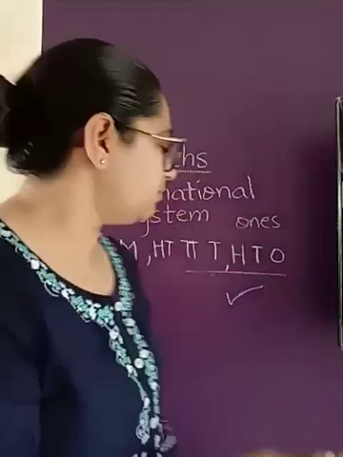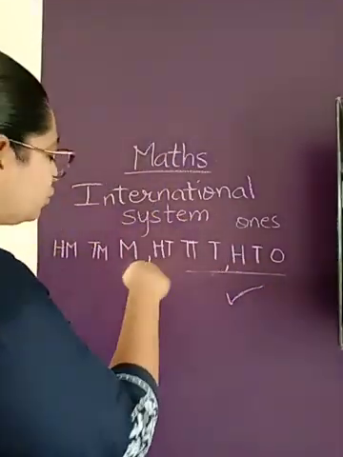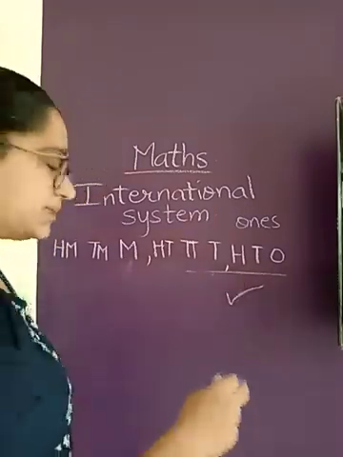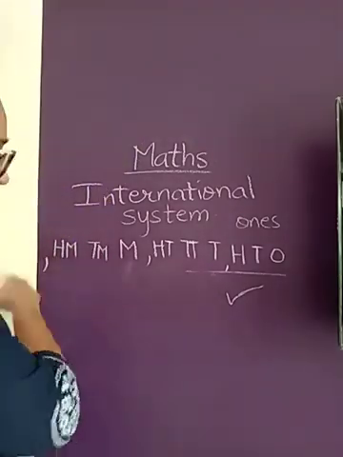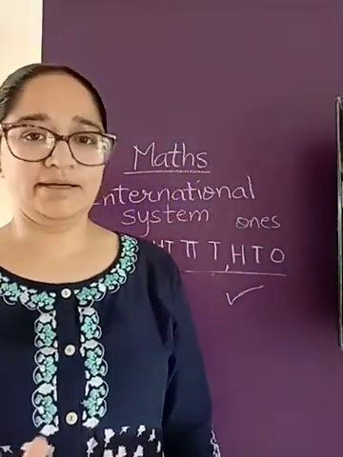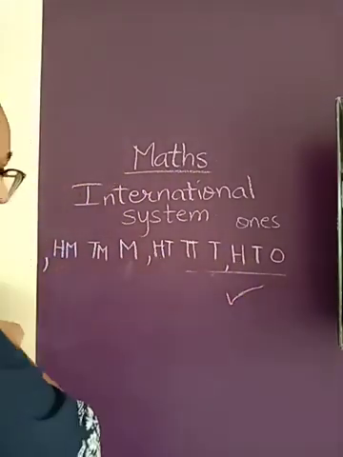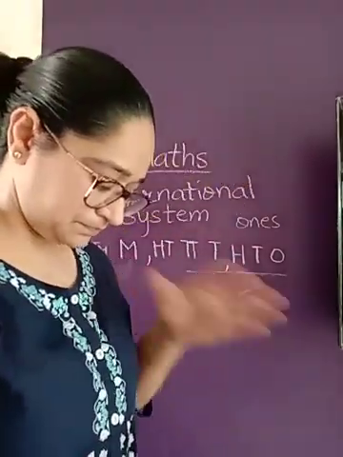In the Indian system, the first comma is for 3, after that 2, 2, 2 we do, right? But here you will put commas after every 3 digits. And they have ones, tens and hundreds place. Ones, tens, hundreds, ones, tens, hundreds, ones, tens, hundreds.